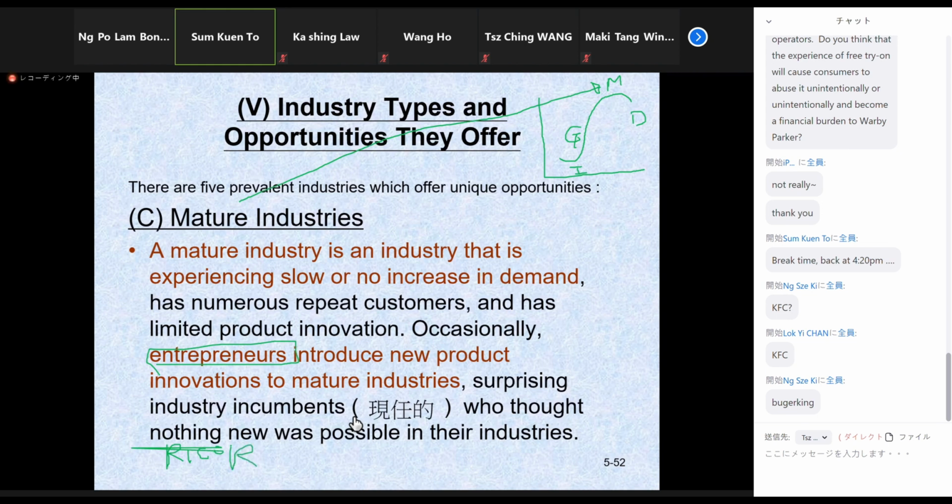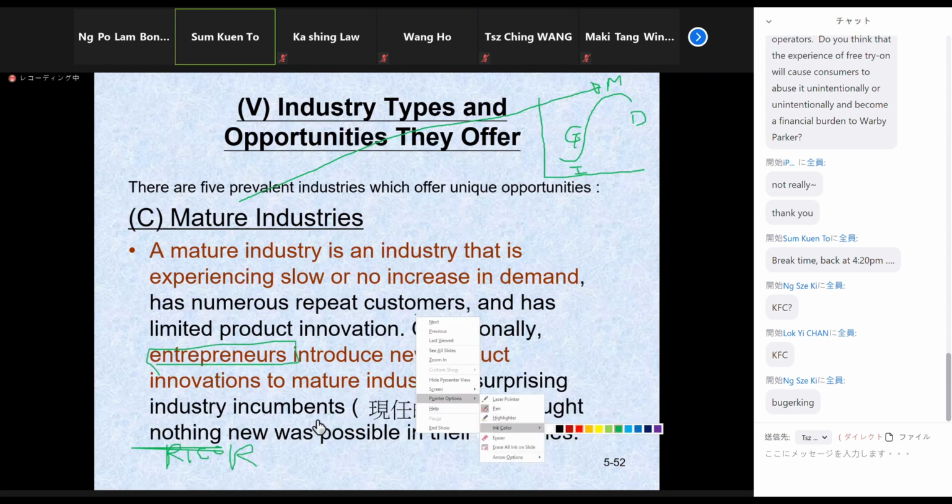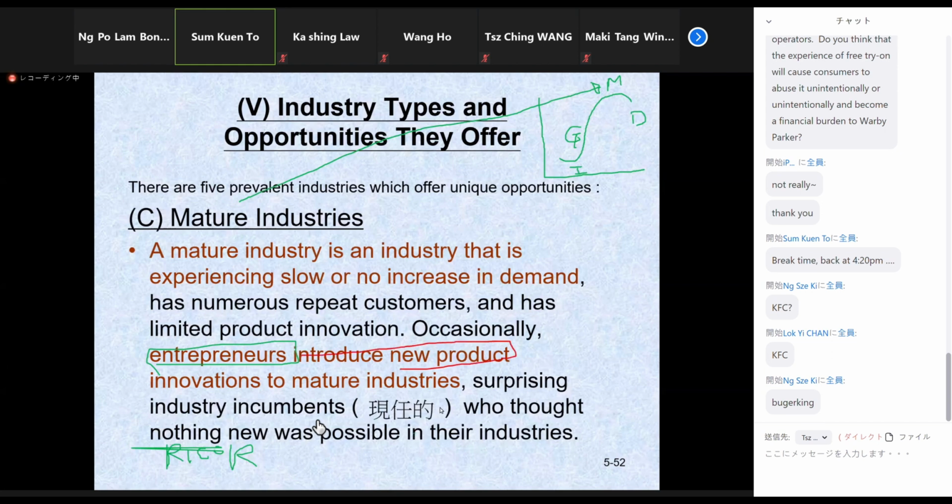Even though this is mature, if you are bright, you can introduce some new product, because you have creativity and innovative ideas, and you can bring new ideas into a mature industry.